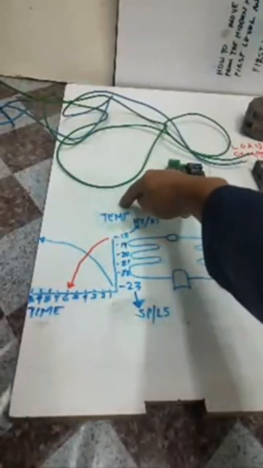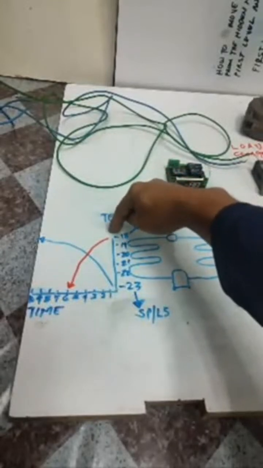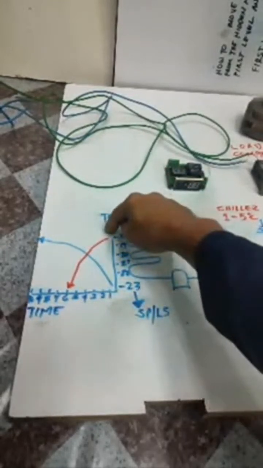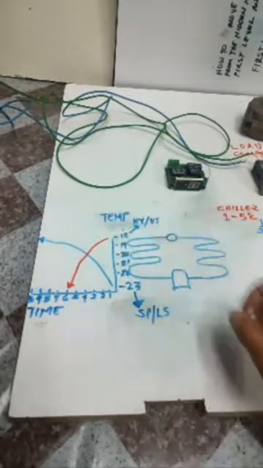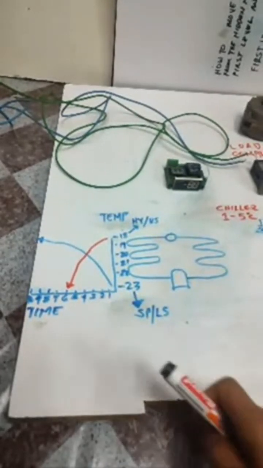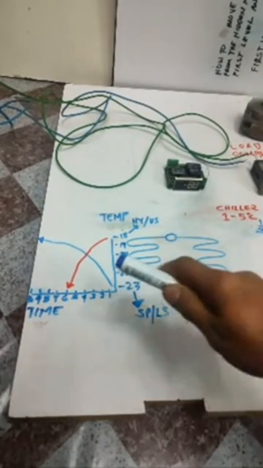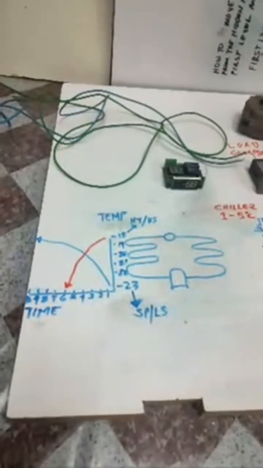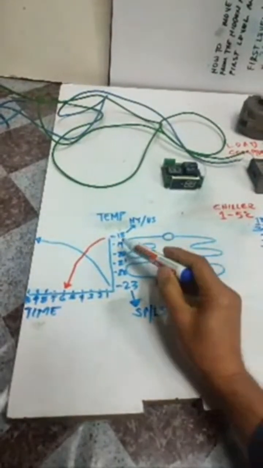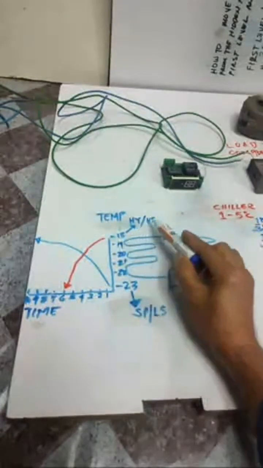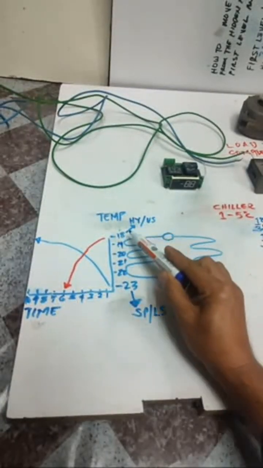I started with negative 18 since this is our standard temperature, so just follow yours, guys. This is only an example, guys. You can see in the graph I made that my compressor starts at negative 18. That is our differential.